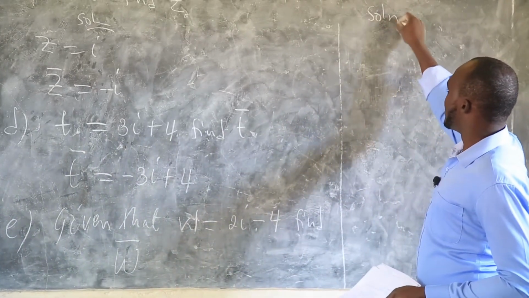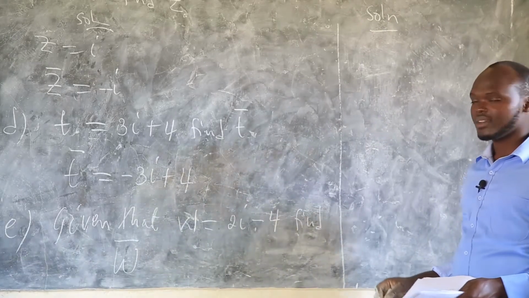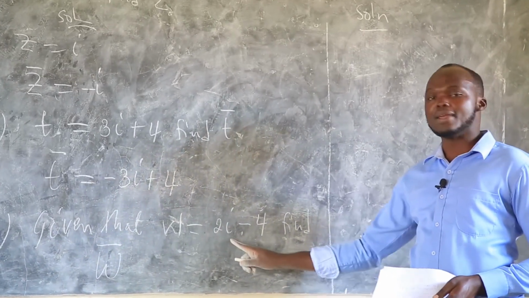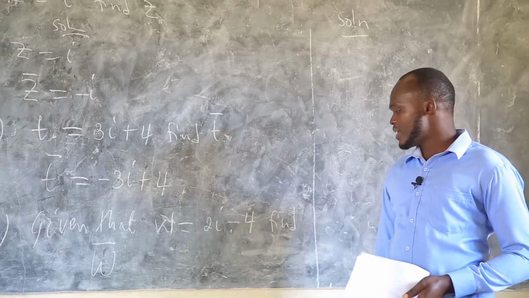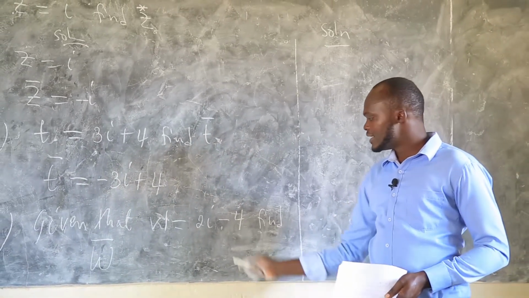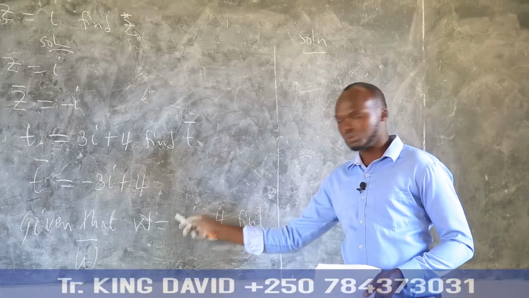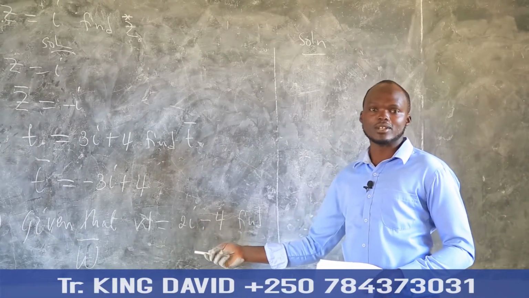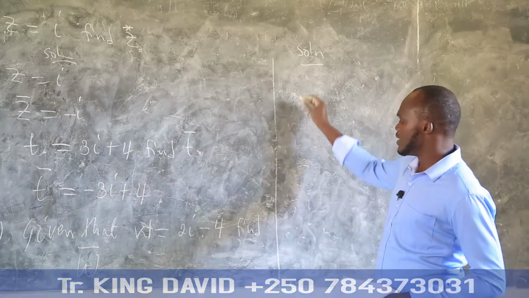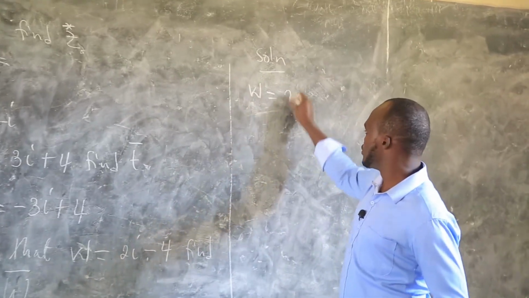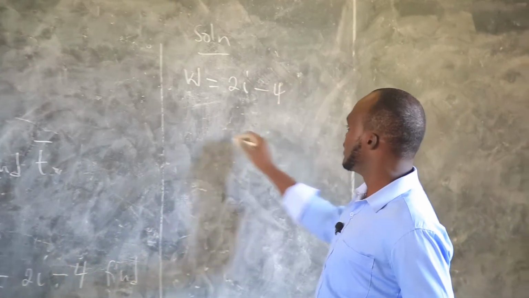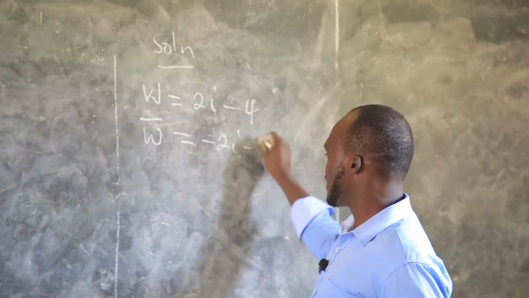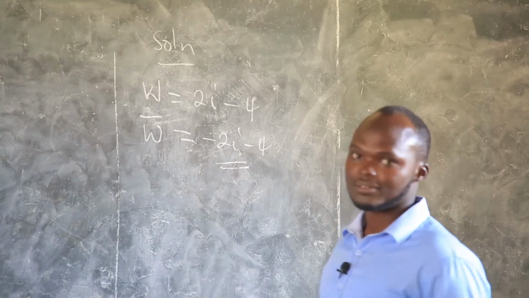How am I going to answer that question? I have to know that the only part to change is the imaginary part. So where do I have the imaginary part? My imaginary part is 2i. And which sign is it? It is positive, so it will become negative. W is 2i minus 4. Its conjugate is minus 2i minus 4. So that is the answer.